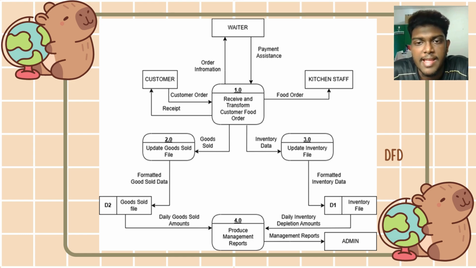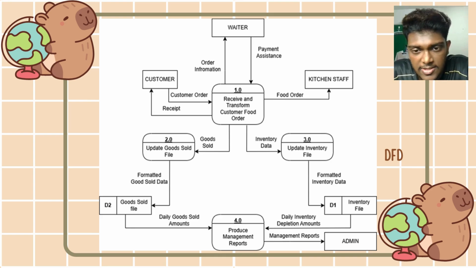For the external entities present in this DFD level 0 diagram, they are the same characters that are present in our context diagram, which are customer, waiter, kitchen staff, and also admin. There are also new data stores present in this DFD level 0.